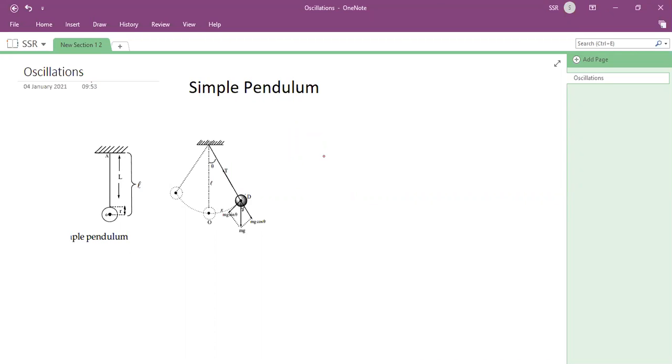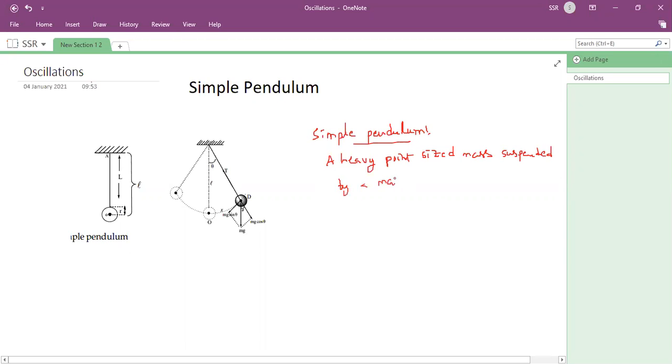A simple pendulum, ideally, is a heavy point-sized mass suspended by a massless string, or a string with negligible mass.